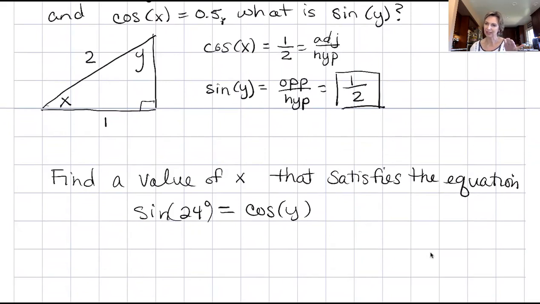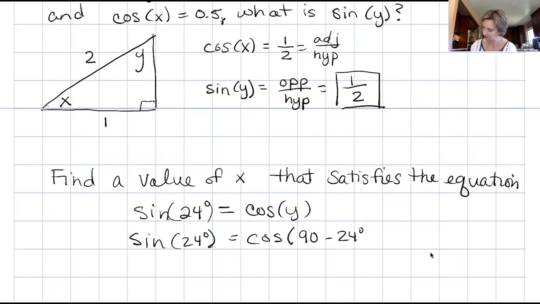When does sine of one angle equal cosine of another angle, right? That happens when the two angles, the 24 degrees and the Y, are complementary. That's when this happens. So that means this second angle needs to be 90 minus 24 degrees, right? Y needs to be the complementary angle to 24.